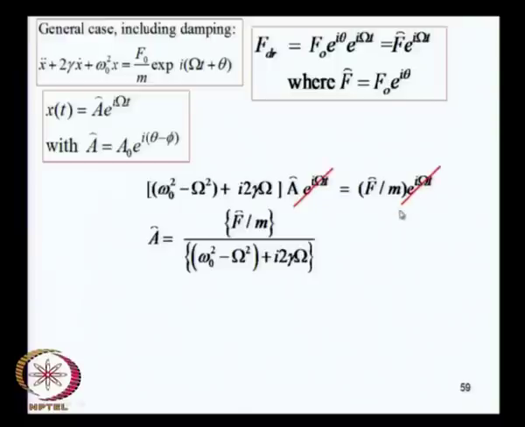We cancel out the common factors e to the i omega t, and we get a solution for the amplitude, and this amplitude now depends not just on the difference between these two frequency terms, but the damping also controls it. This is the point which I had hinted at earlier: damping is always present, and just when the uppercase omega squared becomes equal to omega 0 squared, it is not going to go to infinity, because generally speaking damping is present. We had dealt only with a special case earlier.